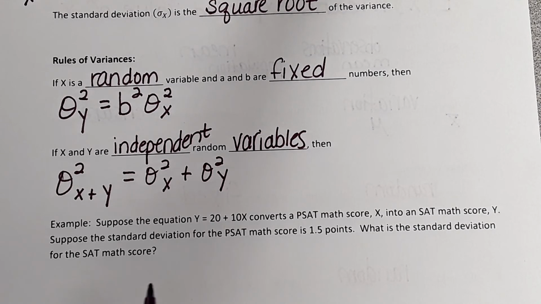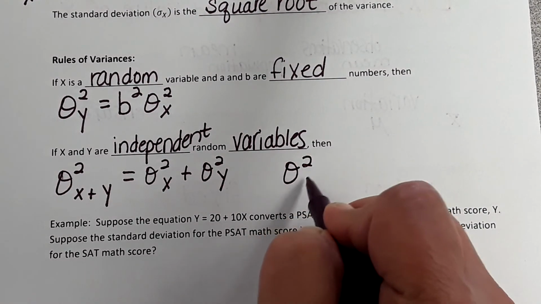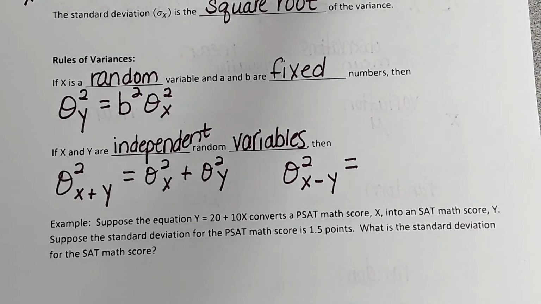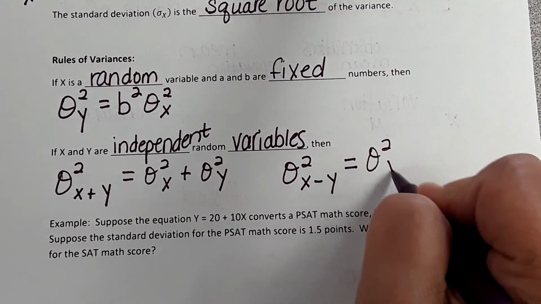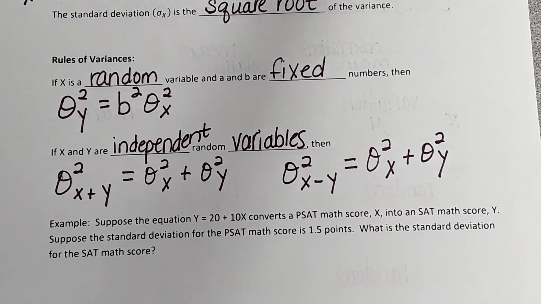Very important. If it says, find the difference of the standard deviations or the variances, so this time, we're going to find the difference. Pay close attention to what I'm about to do. To find the difference, you add variances. You never subtract them. You always add them. Even if the question is asking difference or sum, you add variances.